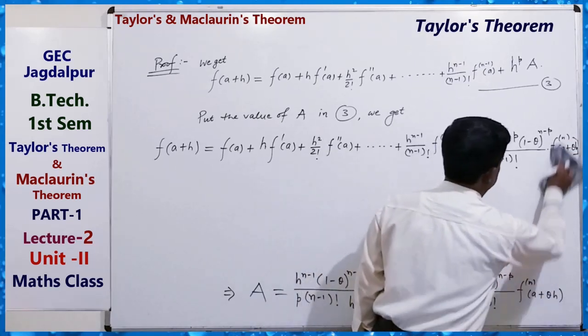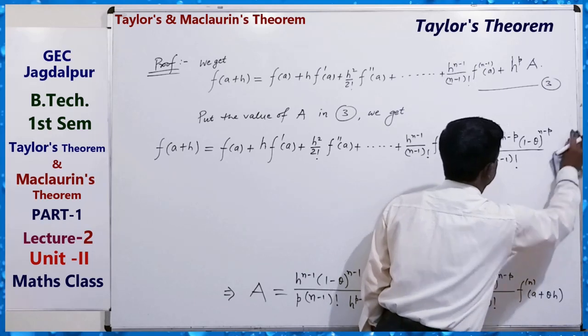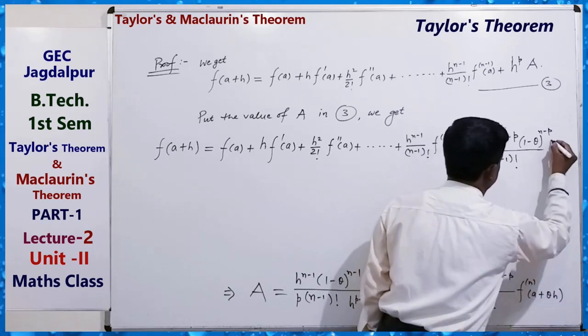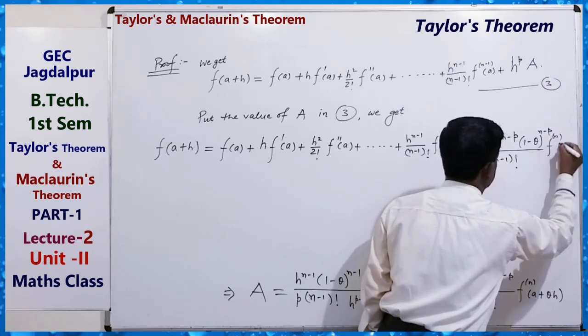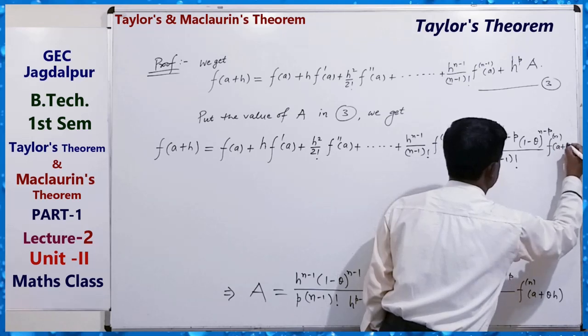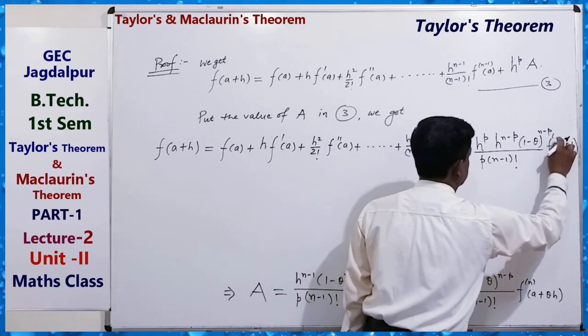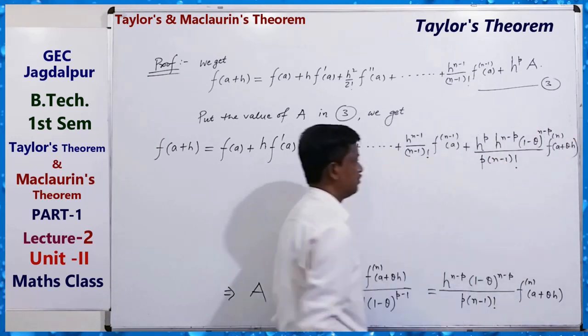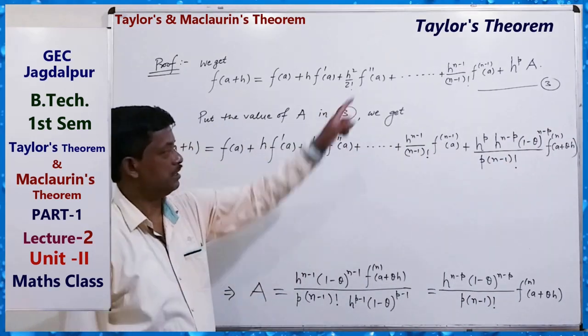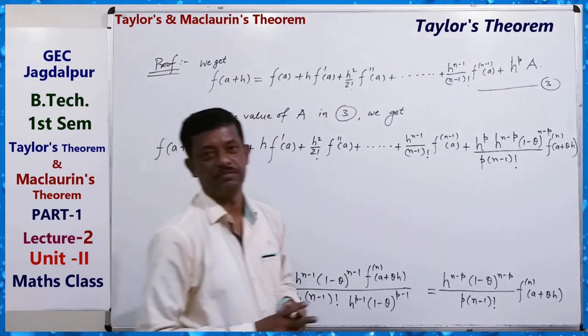Just write f^n(a + θh), the nth derivative. So this is Taylor's theorem.